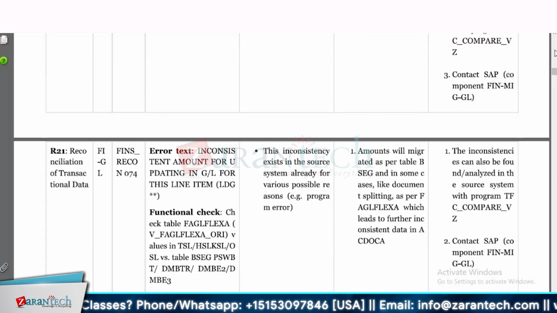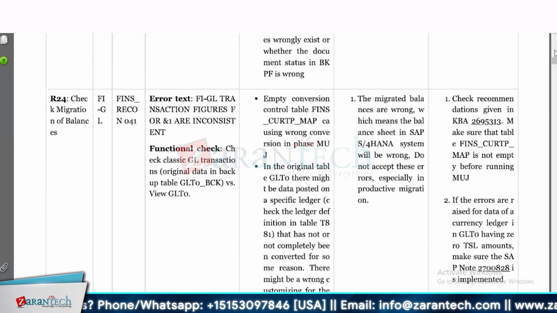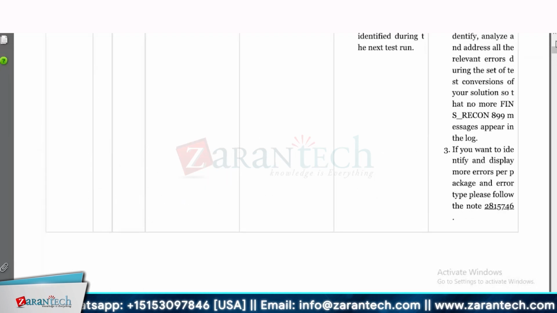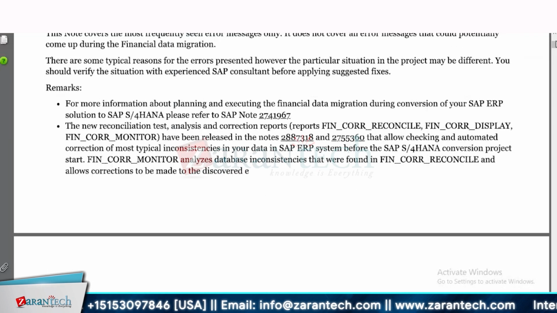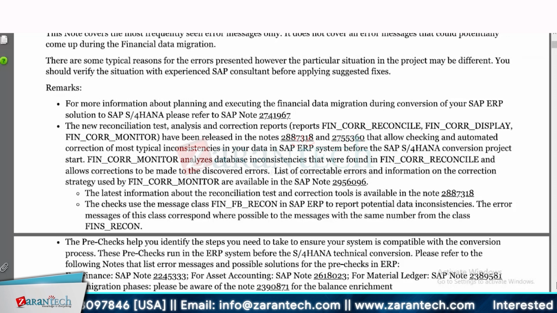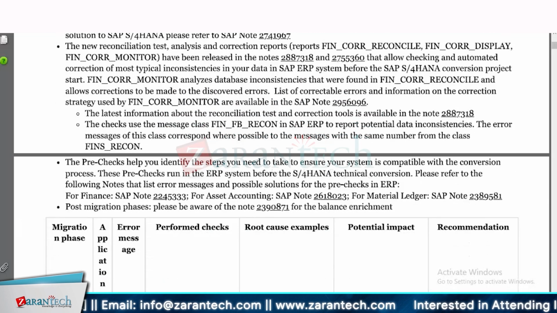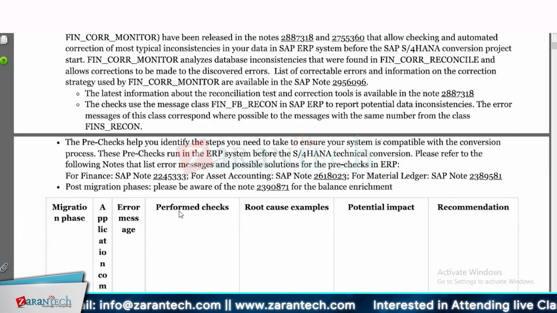So like that, whatever error is listed in that message type, you get the error message. What is the possible recommendation, the potential impact, and root cause examples? What is the root cause of this kind of errors?